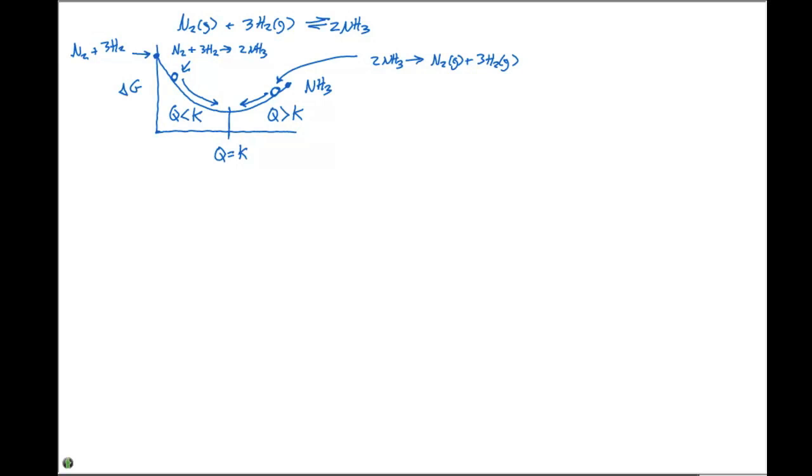So the question is, what do we need to keep in mind in an industrial process? Our goal is to produce large amounts of NH3.